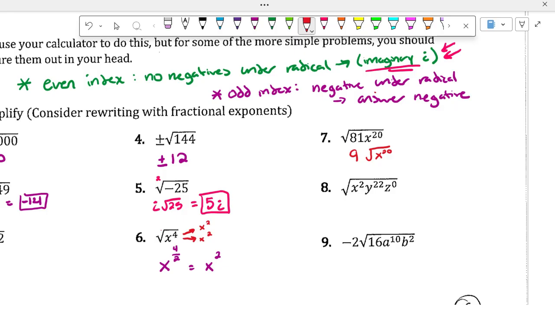So what would that be as a fractional exponent? 20/2. So this would be 9x to the 20/2. So what is it? 9x to the what? 10. So essentially, guys, if you're taking a square root, you just divide the exponent by 2. That's what I'm getting at here.